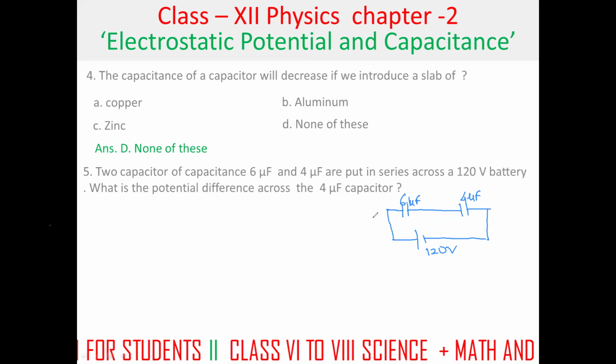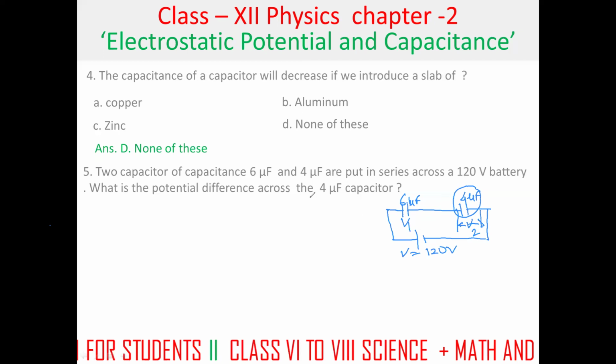What is the question? The question is the potential difference across this 4 microfarad capacitor. Suppose here is V1, and that is V2. So what is the value of V2 across this 4 microfarad capacitor?